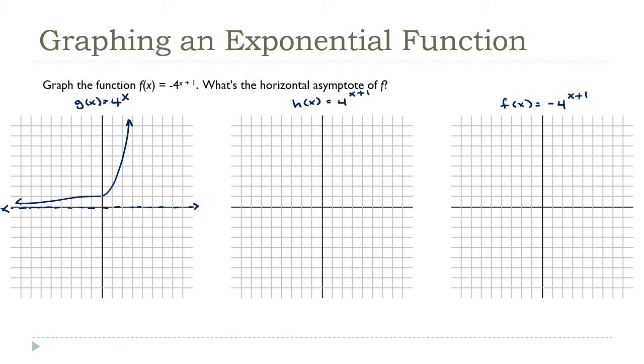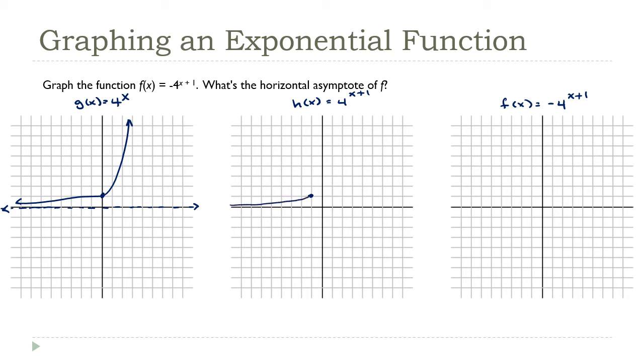Right, that's a standard exponential equation. x plus 1, that's going to shift this 1 unit to the left. Right, and again, I'm going to kind of track on this intercept here. That's going to go from (0, 1) to (-1, 1). It's going to move 1 unit to the left.